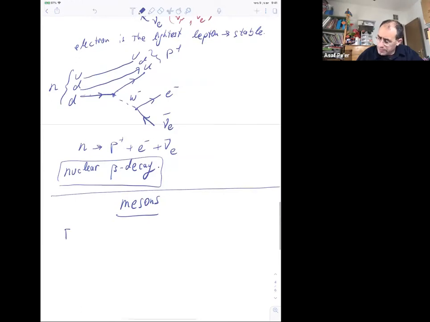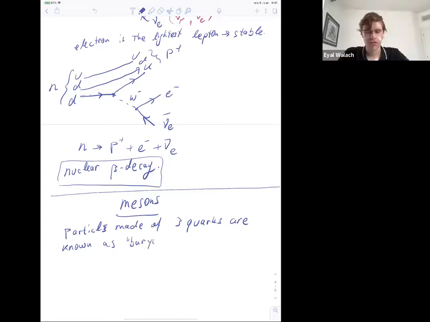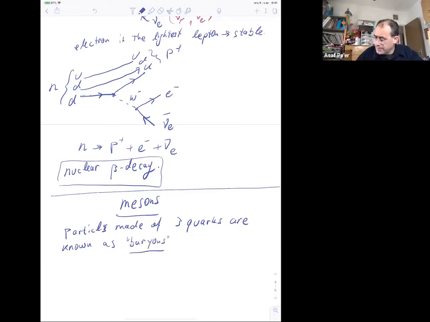So particles made of 3 quarks are known as baryons. It comes from Greek for heavy, because they're heavy.